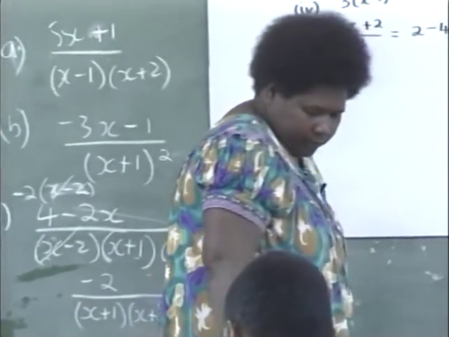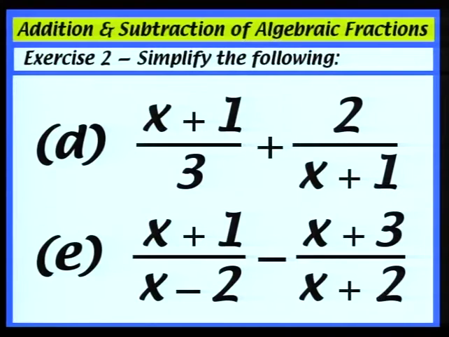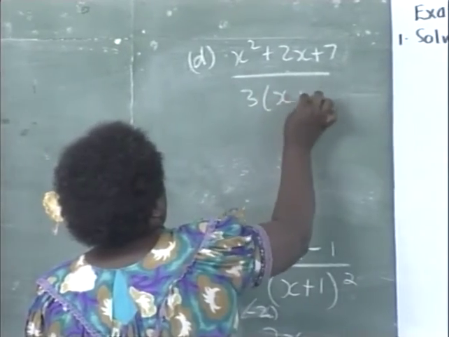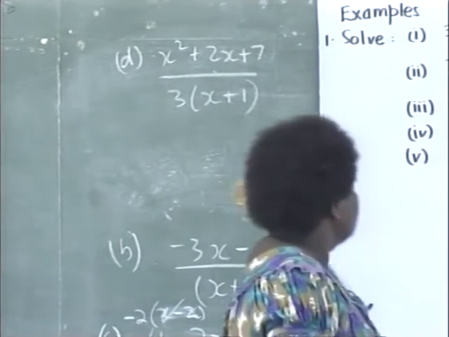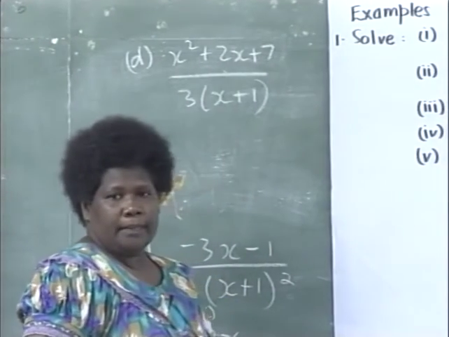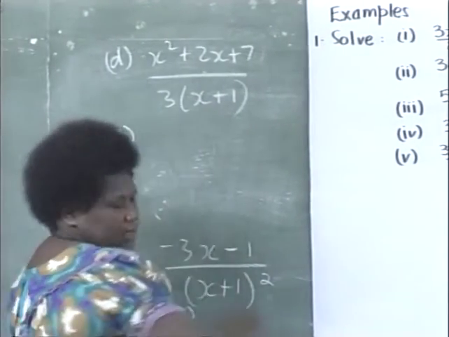All right, and the other one? Question 4, that was question 3. Question 4, Dan. X squared plus 2x plus 7 over 3 multiplied by x plus 1. Like this? You all agree with this one? Anyone with a different answer? Okay, next one, the last one.